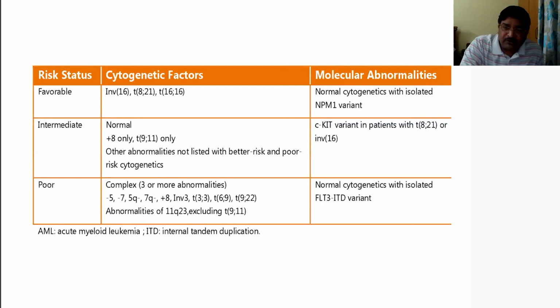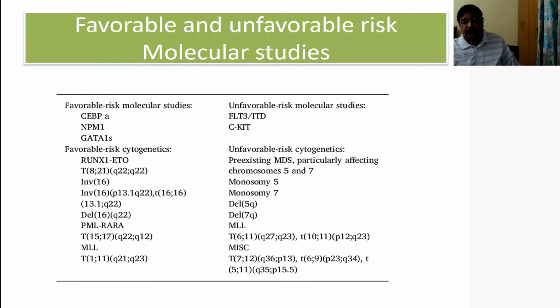So you would like to upfront transplant these patients rather than just go a simple chemotherapy way. So normal cytogenetics with isolated FLT3 internal tandem duplication variant or tyrosine kinase domain mutant variant are all poor in prognosis. Next. So there lies the importance of doing cytogenetics and molecular studies.